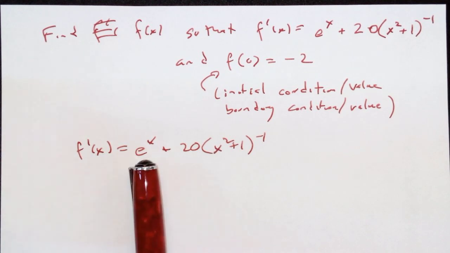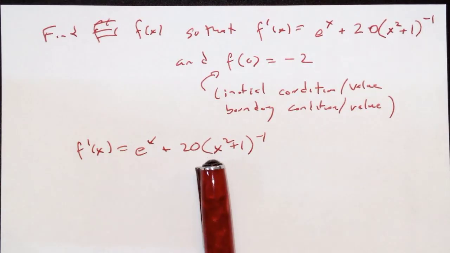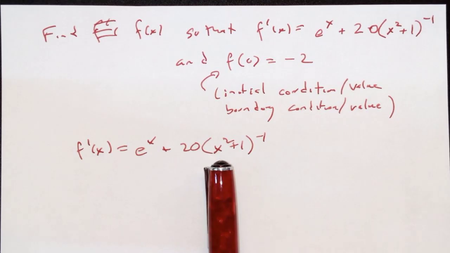This piece I'm okay with. This piece? What the? I'm very limited in the things I am absolutely sure I know what the antiderivatives are. And I'm looking at my formula sheet an awful lot.